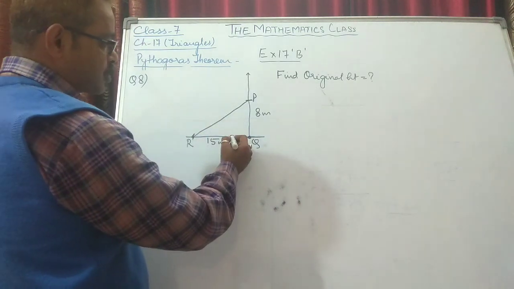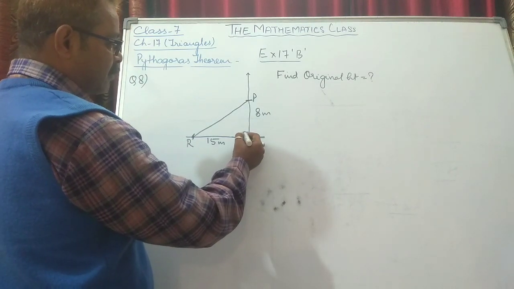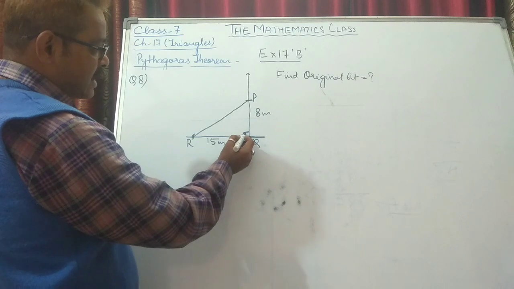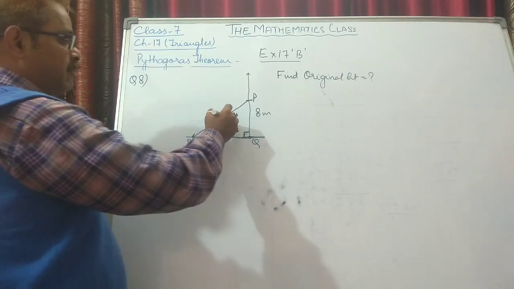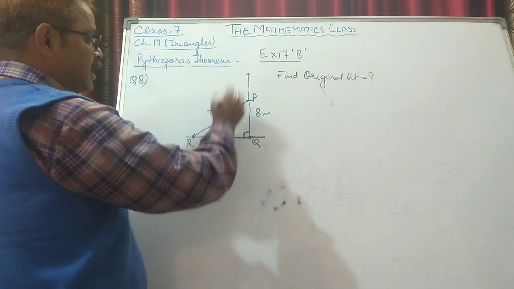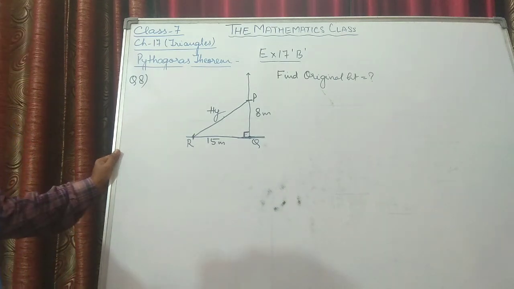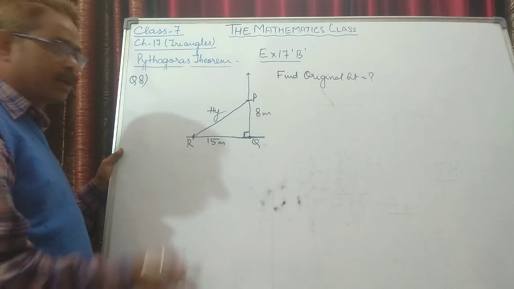Since the horizontal ground and the vertical tree make an angle of 90 degrees, the side opposite to the 90 degree angle is the hypotenuse. Since this is a right angle triangle, we can easily apply the Pythagoras theorem.